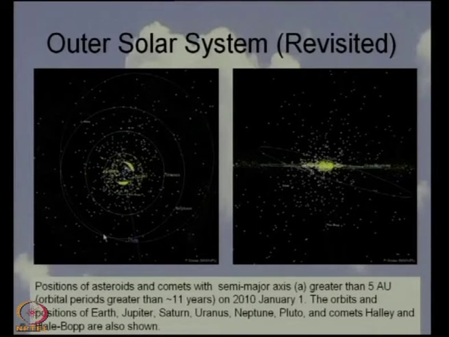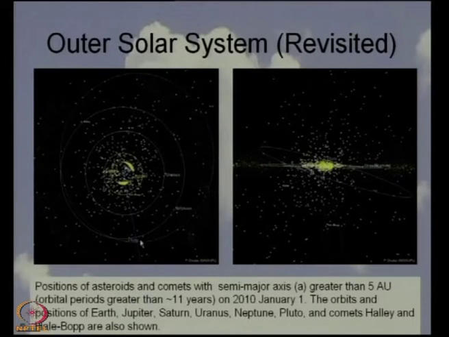This is the outer solar system, again the same thing. Now again, in addition to the planets, we have the asteroids and the comets also shown over here, and you can make out that there is this disk of asteroids over here beyond Neptune.